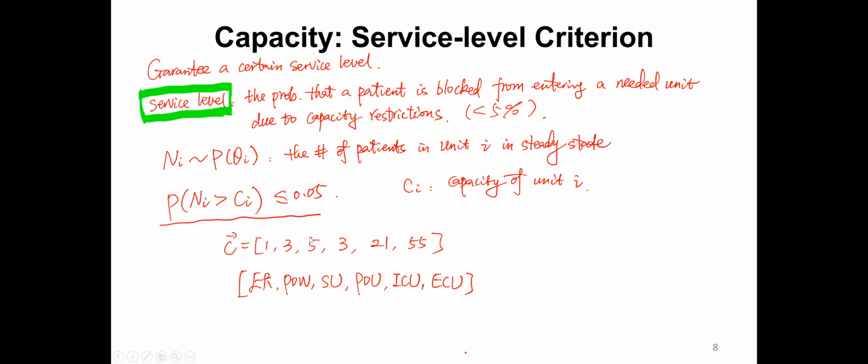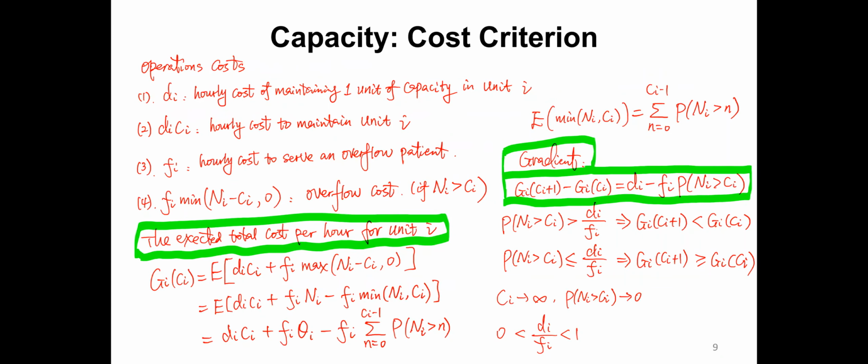So this is what we calculate. The capacity is 1, 3, 5, 3, 21, 55. This gives us the capacity for ER, POW, pre-operative ward, surgical unit, post-operative unit, intensive care unit, and extended care unit. So the previous one is the service level criterion.